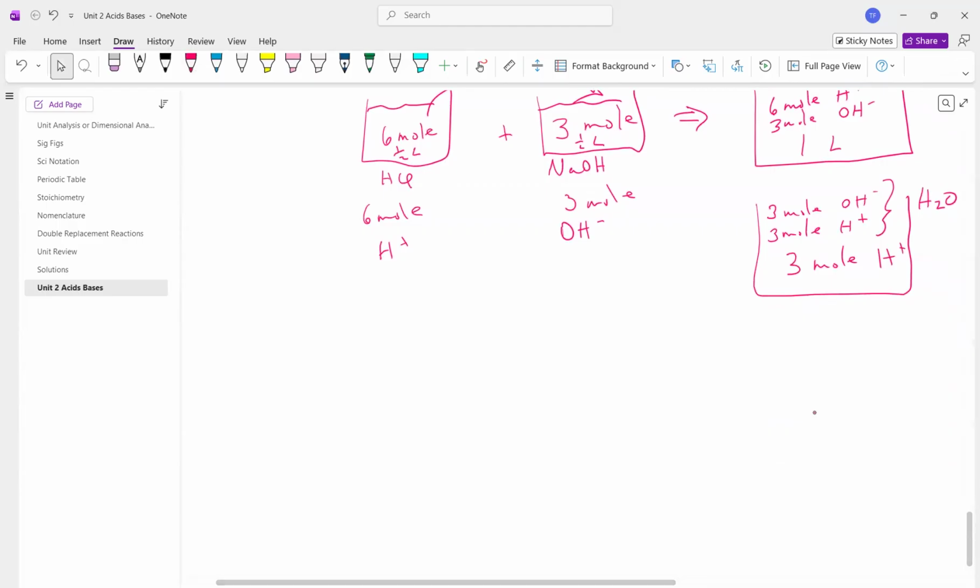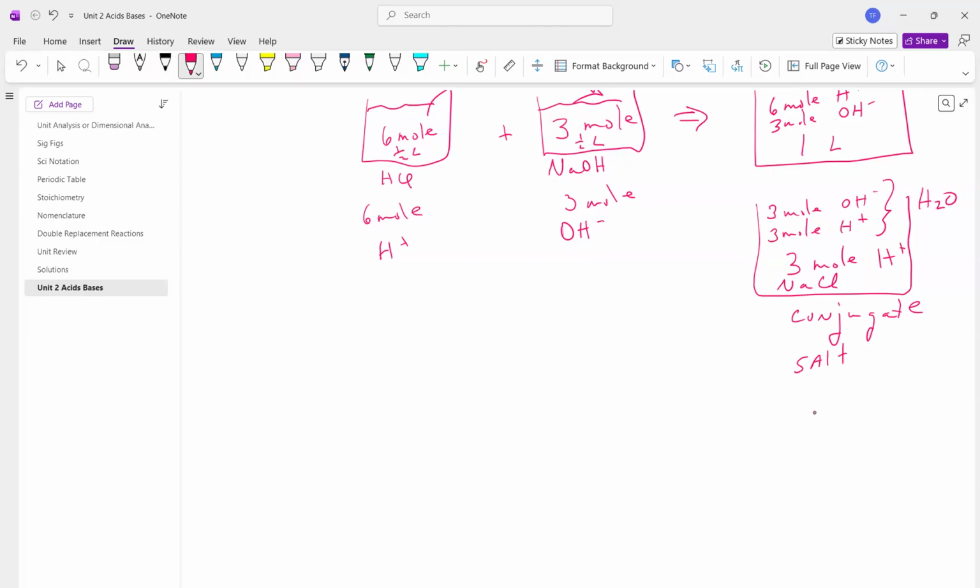And what happens to the Na and the Cl? What about the Na and the Cl? They form a salt. In fact, there's a fancy name for it: it's called a conjugate salt.